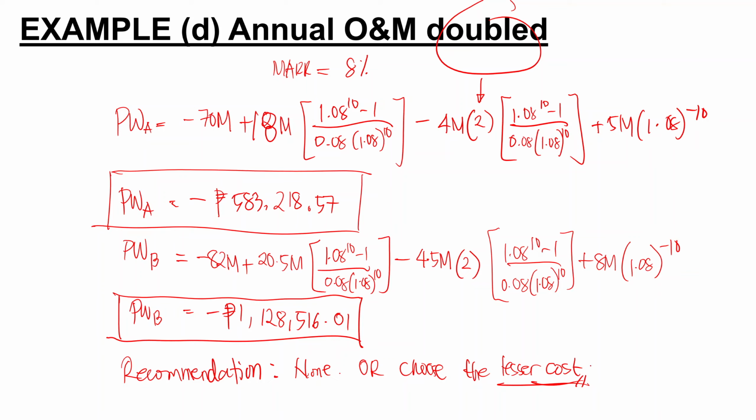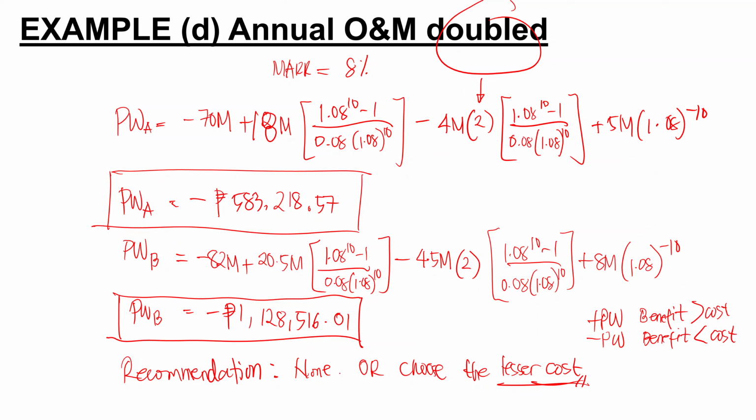By the way, when we have a positive PW, it means that the benefit is higher than the cost. If we have a negative present worth, it means that our benefit is much lesser than the cost.